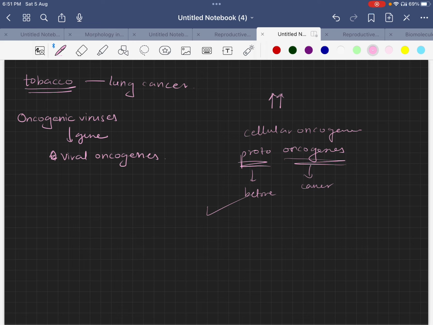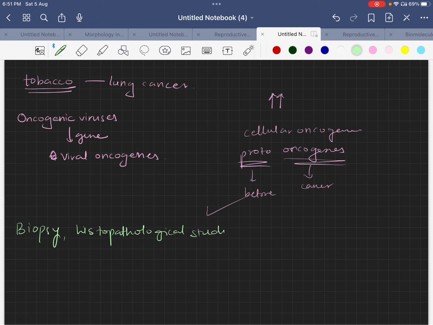Now, cancer detection and diagnosis. Early detection of cancer is essential as it allows the disease to be treated successfully in many cases. Cancer detection is based on biopsy and histopathological studies.